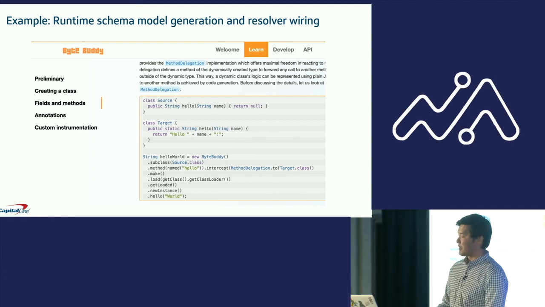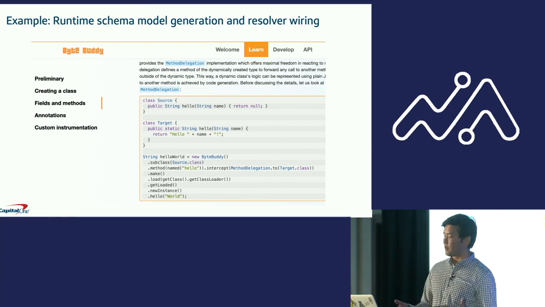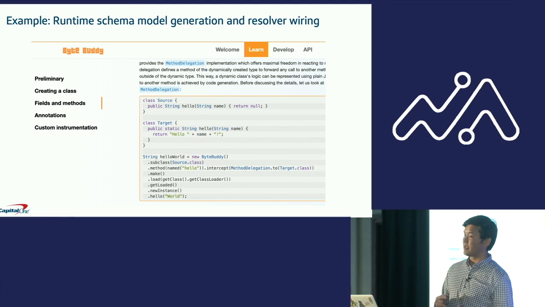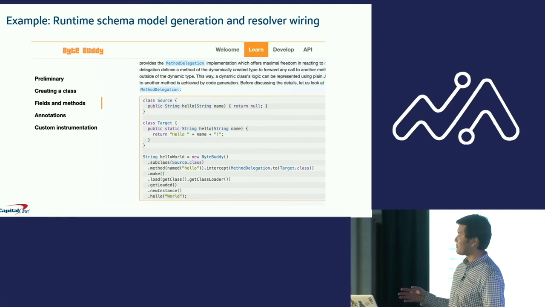Another really cool library that we use is called ByteBuddy. As you know, Java is a compiled language, but this library lets you generate dynamic code during the application runtime and then inject that code into your JVM through the class loader.